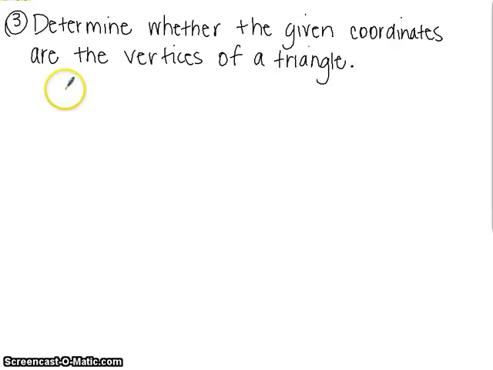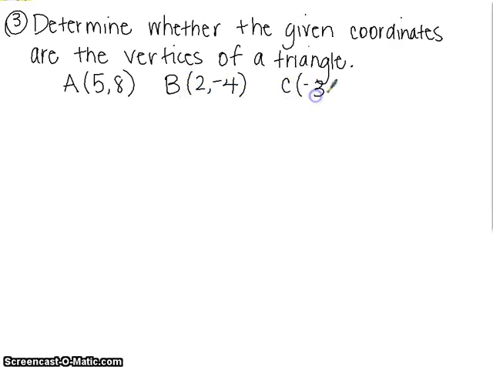Okay, so for this one we have vertex A, 5, 8, point B, 2, -4, point C, -3, -1.